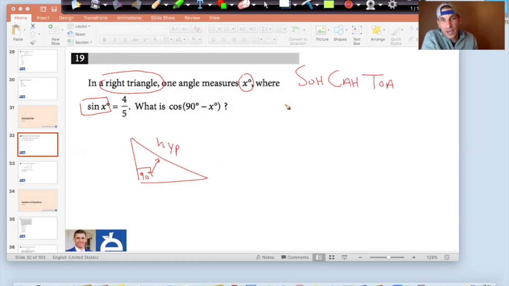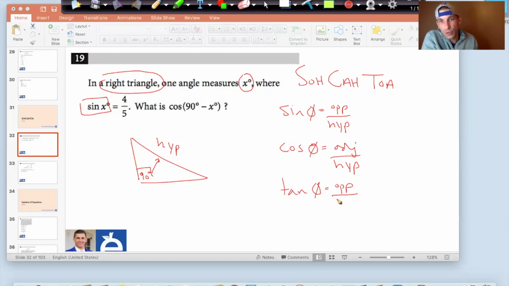Sine of that angle of reference is going to be your opposite over your hypotenuse. Cosine of that angle of reference is going to be the adjacent over the hypotenuse. And tan of that angle of reference is going to be your opposite over your adjacent. But it always, always, always depends on what the angle of reference is.